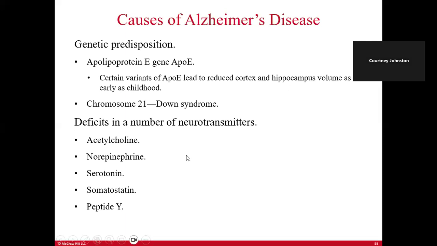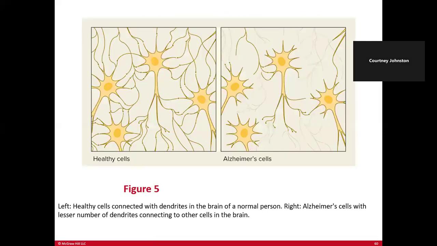And also deficits in neurotransmitters. So if you have deficits in any of these, acetylcholine, norepinephrine, serotonin, somatostatin, and peptide Y, that could also predispose individuals to the development of Alzheimer's disease. Okay, and again, you can see these healthy cells that have all of these connections and talking to one another, whereas Alzheimer's cells, again, they're limited, they're broken off, very few connections.